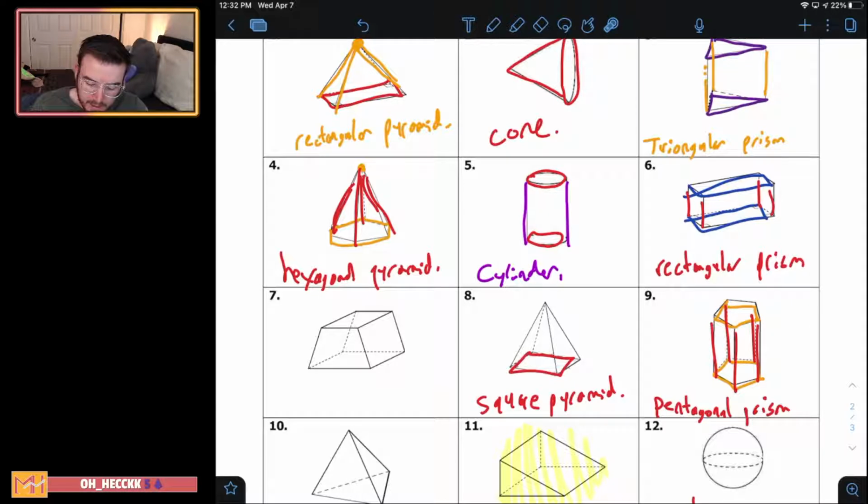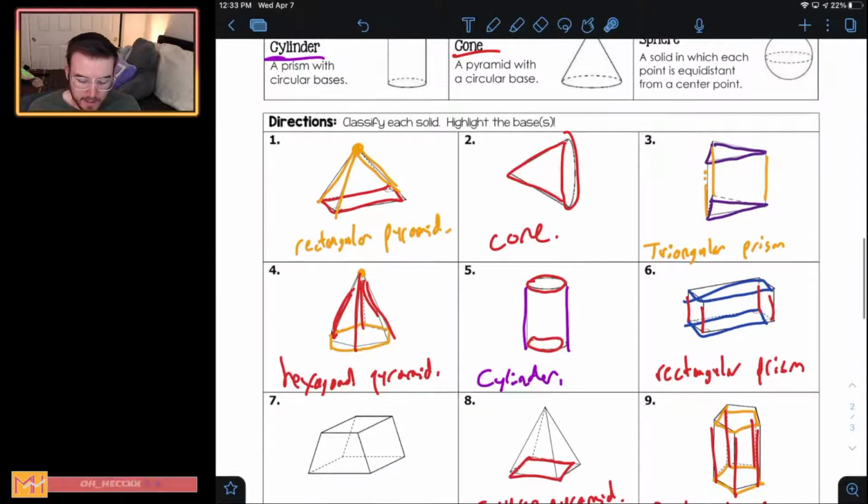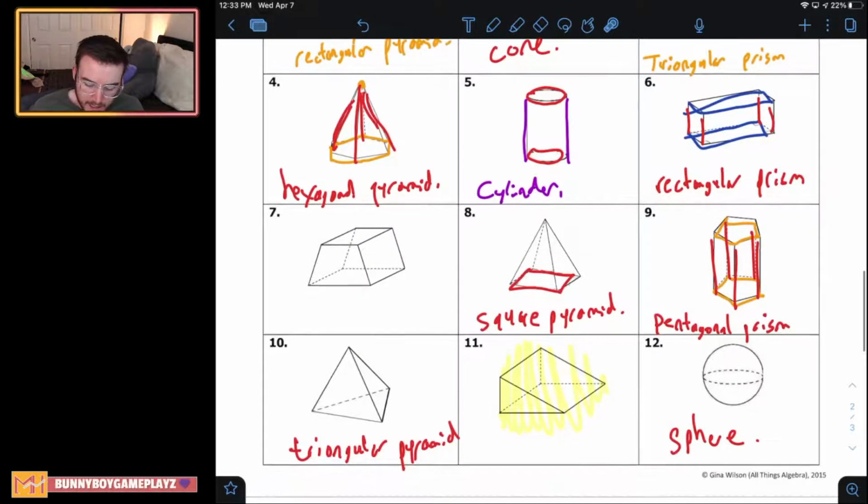Just because I tip this prism over, I knock it over, doesn't make it a different shape, right? It's still a pentagonal prism. And just because I tip this over and knock it on its side doesn't make it a different shape, right? Just because it's sitting on a triangle doesn't make the base a triangle. And just because it's sitting on a rectangle doesn't mean that the base is a rectangle.